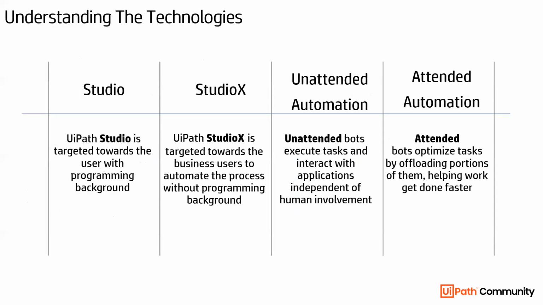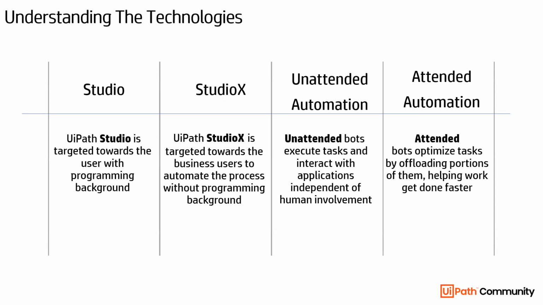Now, there are certain terms and technologies that come into the picture when we work with automation, like Studio, StudioX, Unattended, and Attended. To unpack this and understand it better, Studio and StudioX both come under the Studio family.